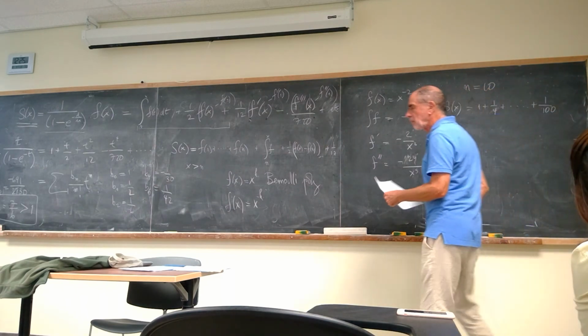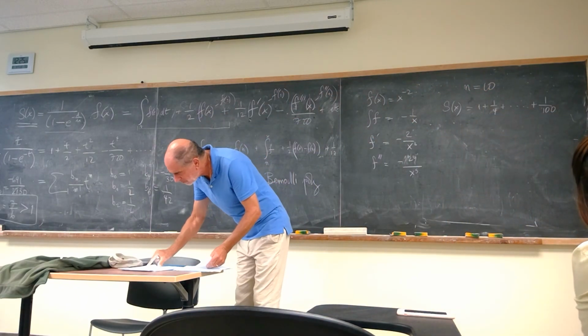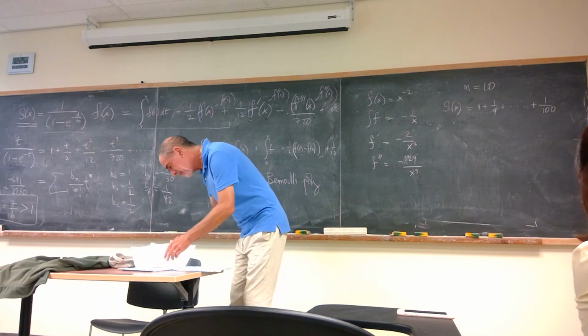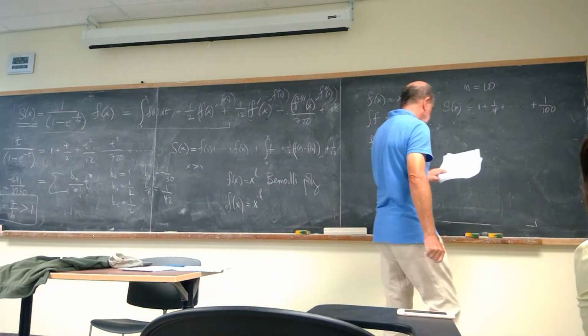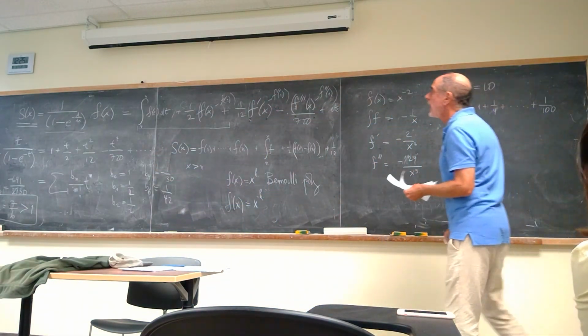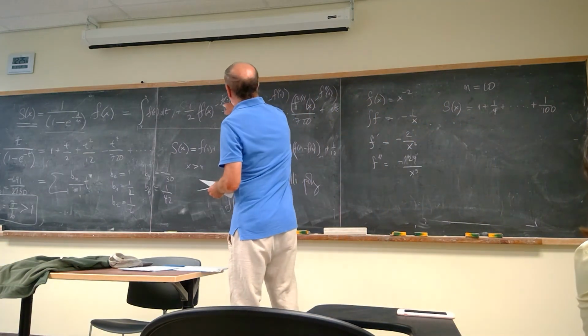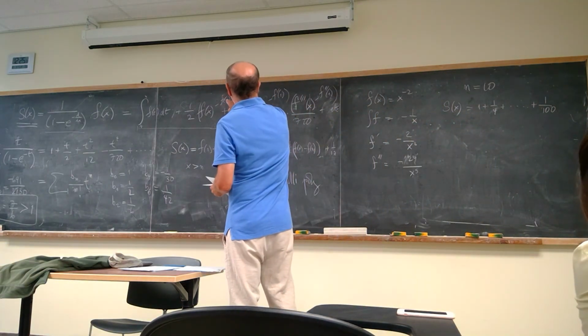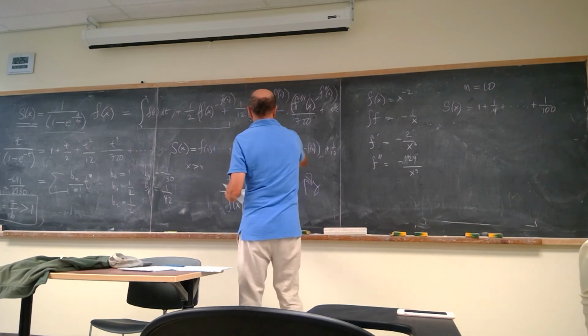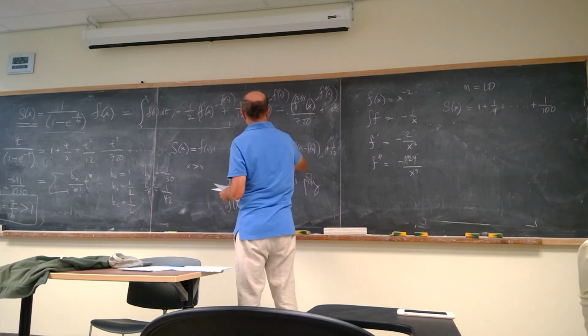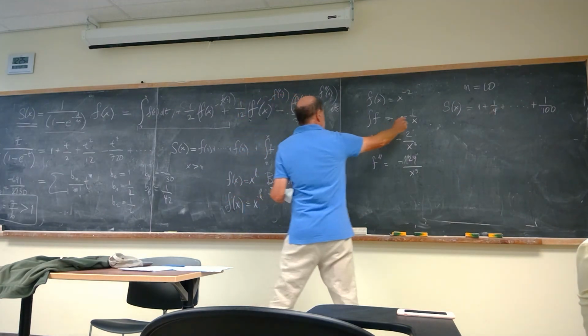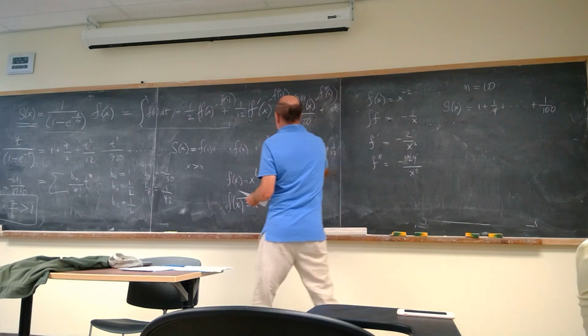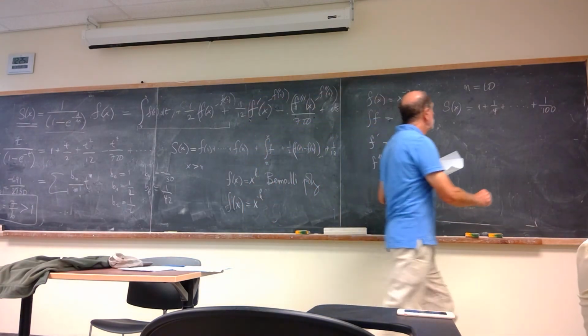Plus, well, we have to take 1/2 of f of x minus f of n. We have to do the integral from 10 to infinity. Now the integral to infinity of this is 0, so we just have to do plus 1/10.